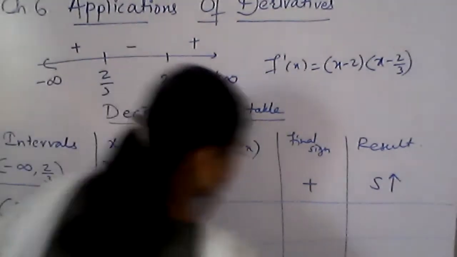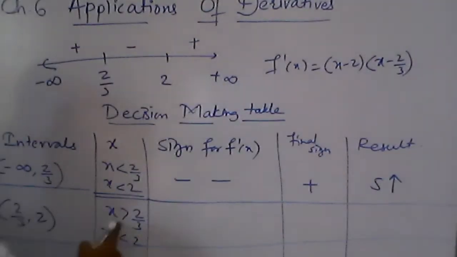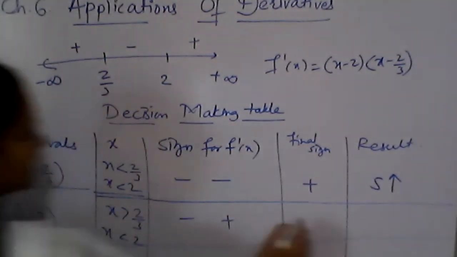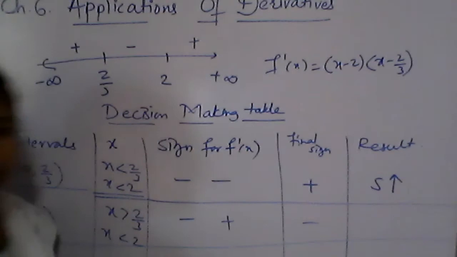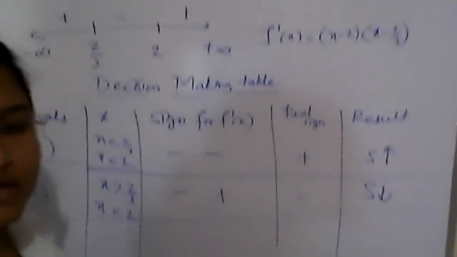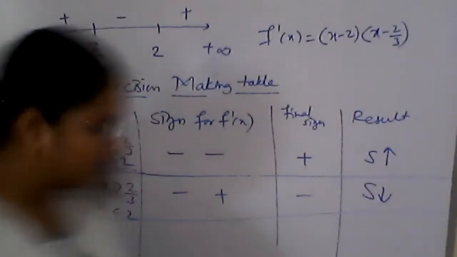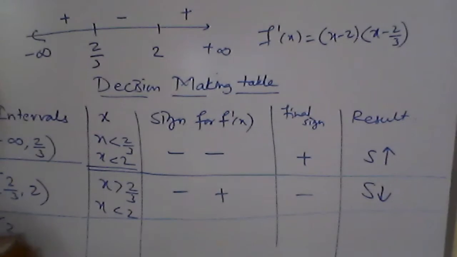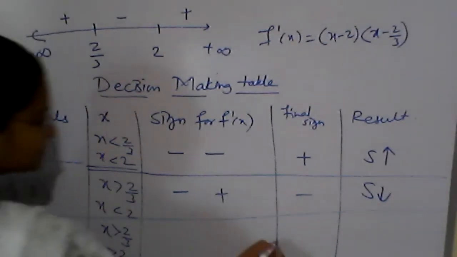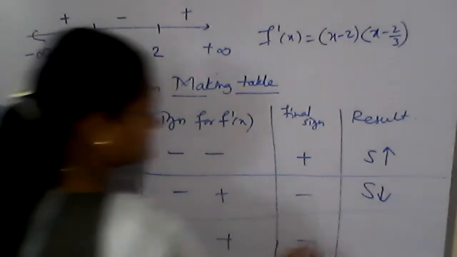If it is greater than 2 by 3, it will be positive and the other will be negative, so the final sign will be minus and the derivative is strictly less than 0, so the function is strictly decreasing. Then for 2 to infinity, x is greater than 2 by 3 as well as greater than 2. So plus plus will give the plus sign, and it is strictly increasing.